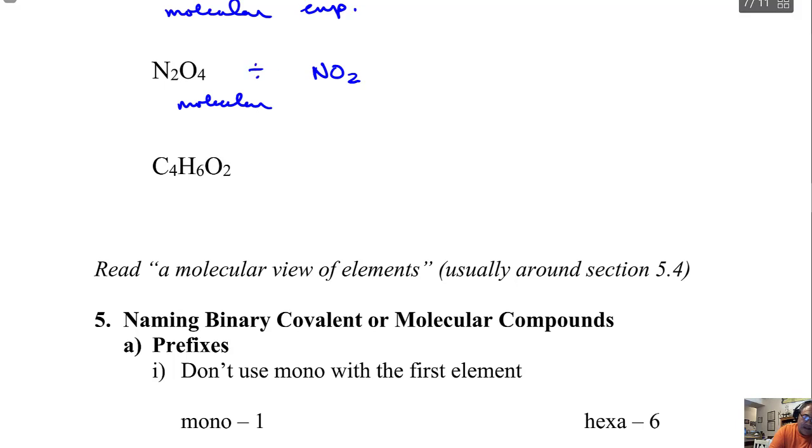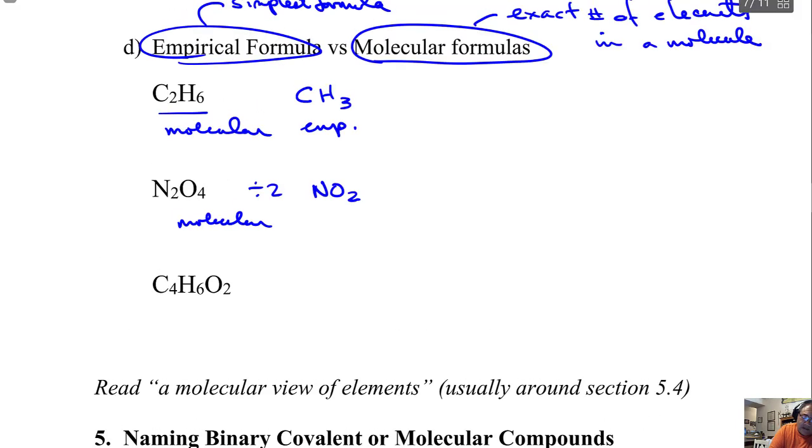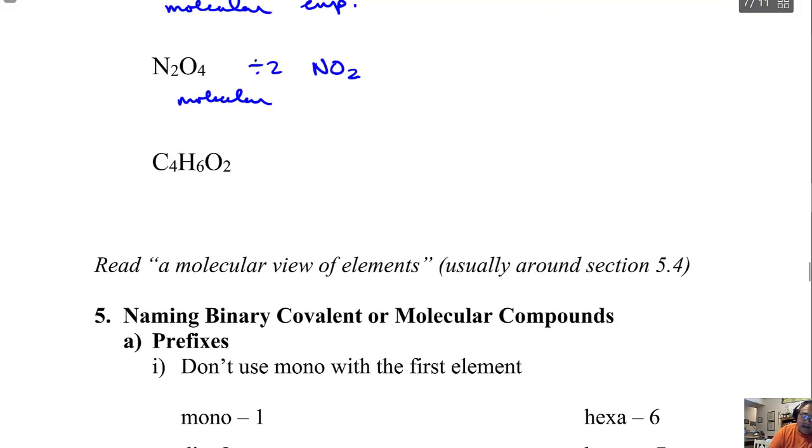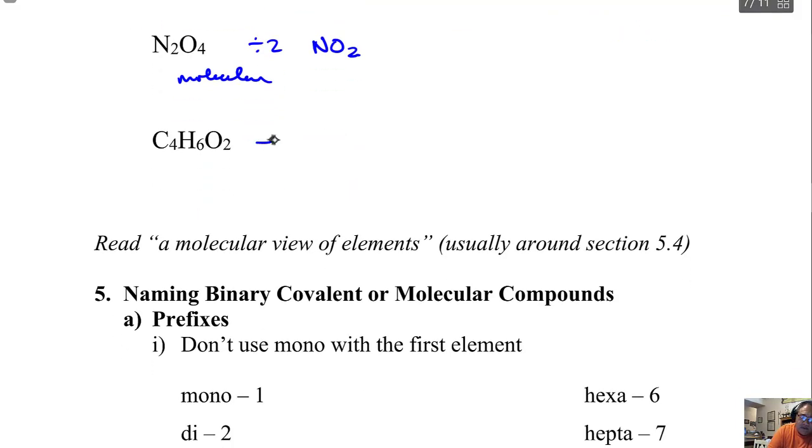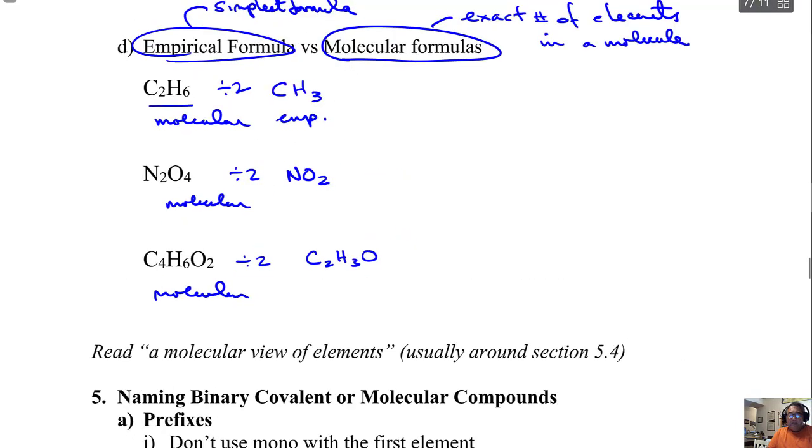This one is also divisible by 2, and the empirical formula would be C2H3O, and so this is molecular here. So they're all molecular formulas. I kind of cheated. But these are all empirical formulas, the ones that we derived.